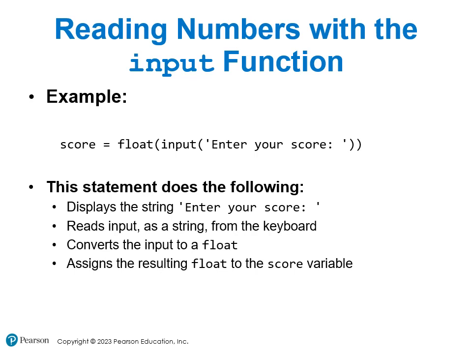Here is another great example. We have "Enter your score." So we're asking a user to enter their score, and we're converting it to a float. So nothing too complicated. You just put whatever conversion you want to have, in this case float, and in the other case it was int.